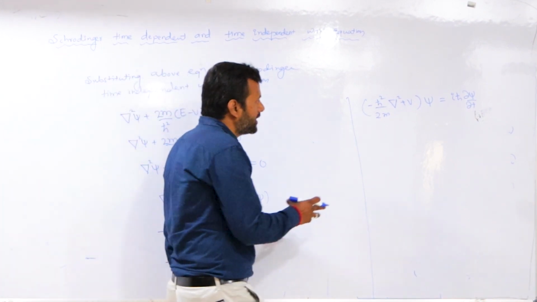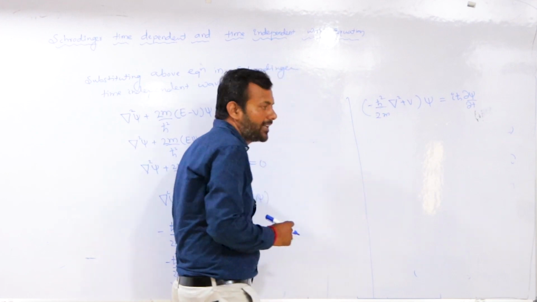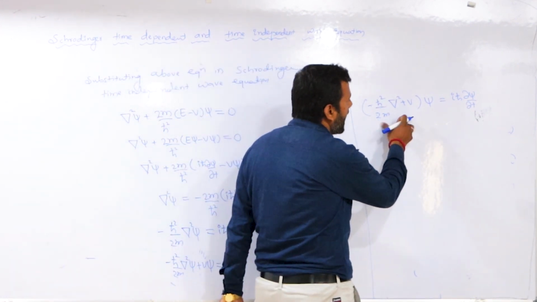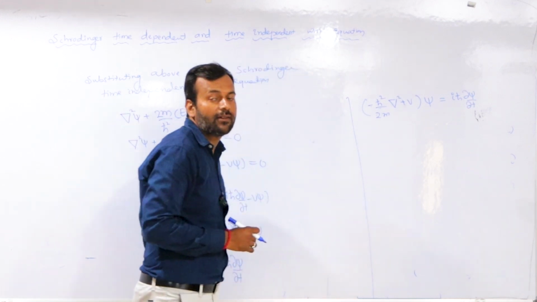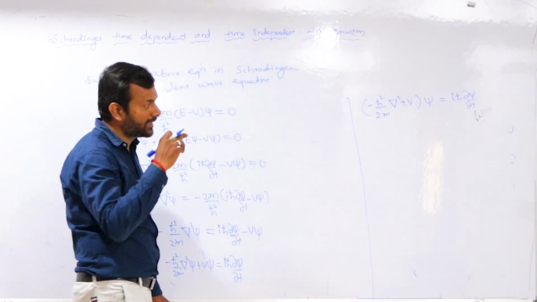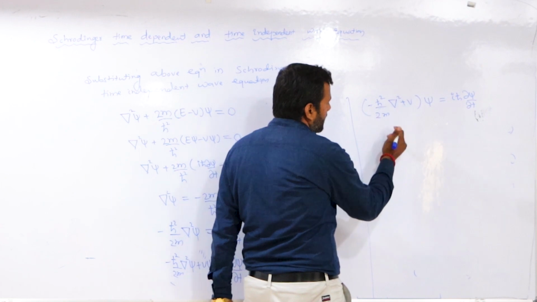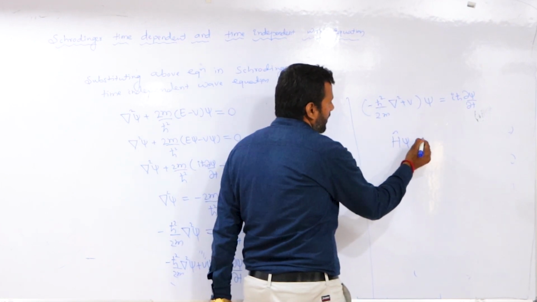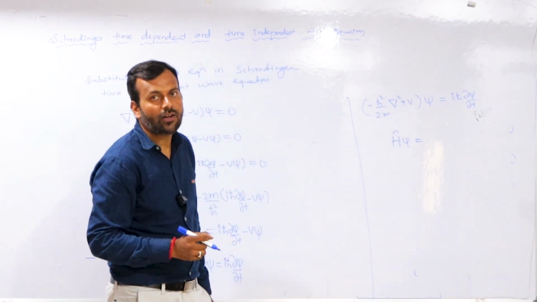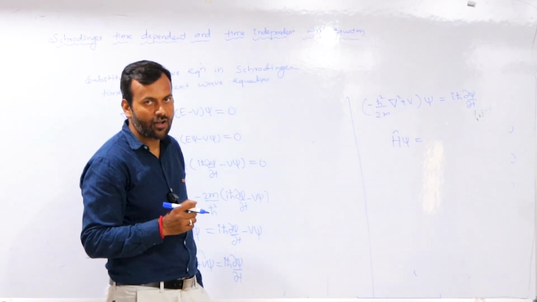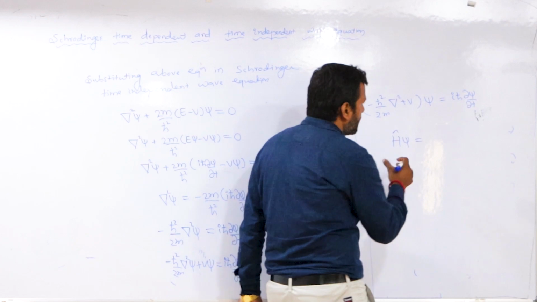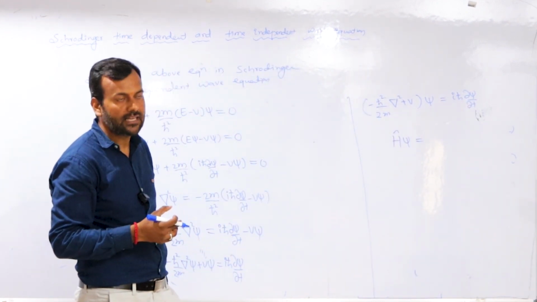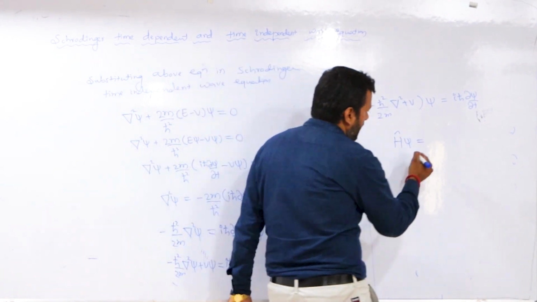As we know from classical mechanics, this Hamiltonian operator can be replaced with H cap. An operator is denoted in quantum mechanics with a cap, so whenever we write a cap in quantum mechanics, it means that it is an operator. And this i h cross dou psi by dou t we have seen in the previous step, which is given by E psi.